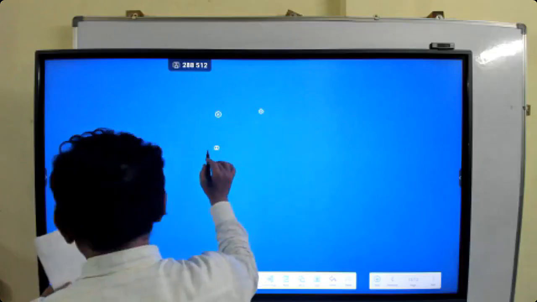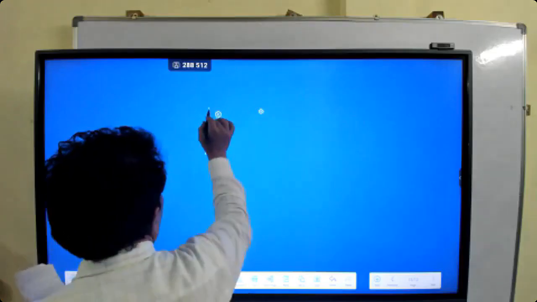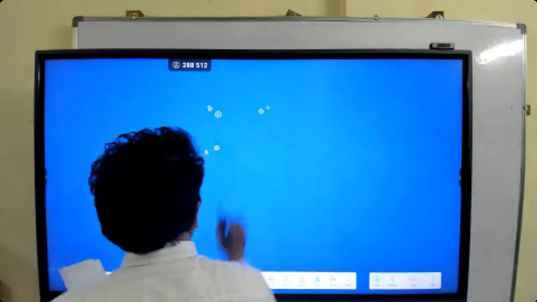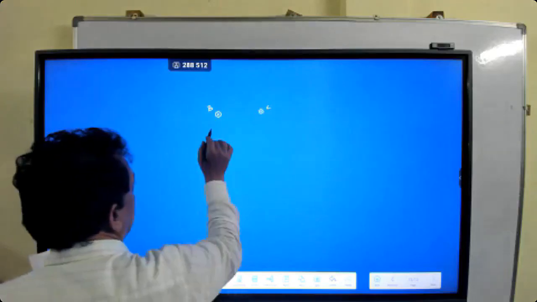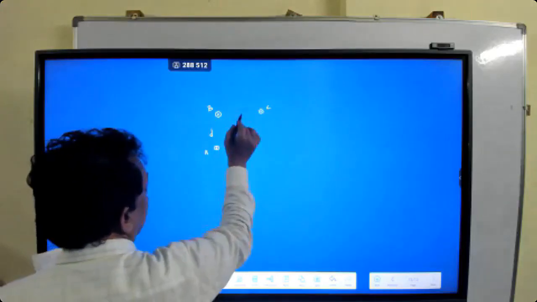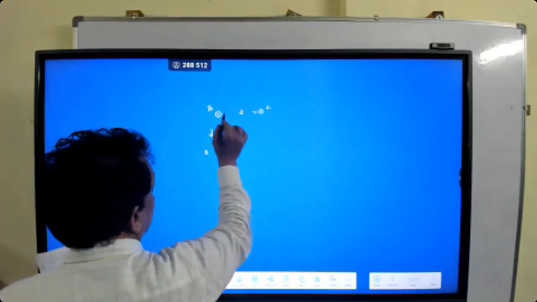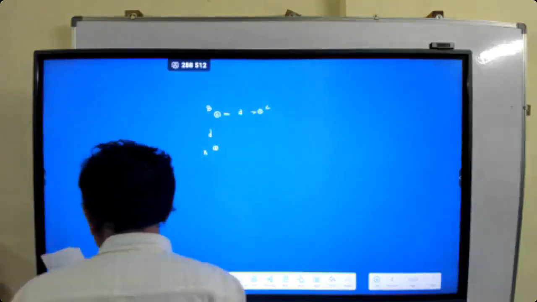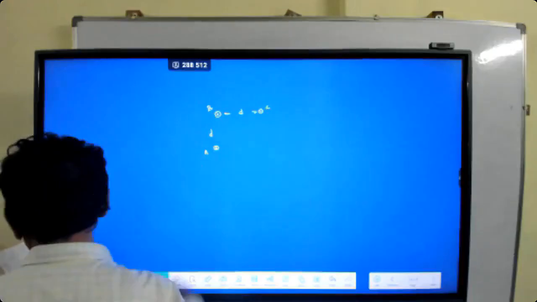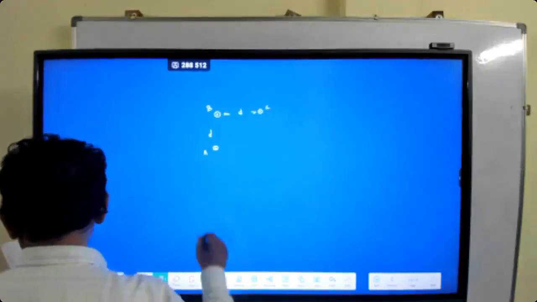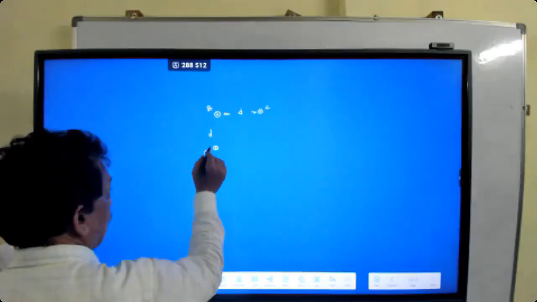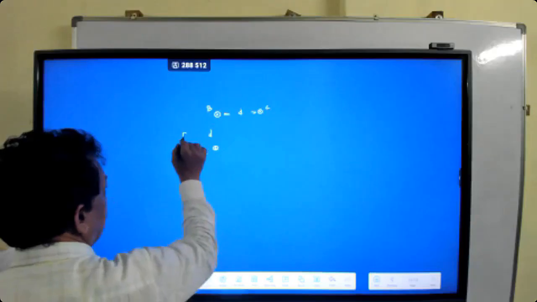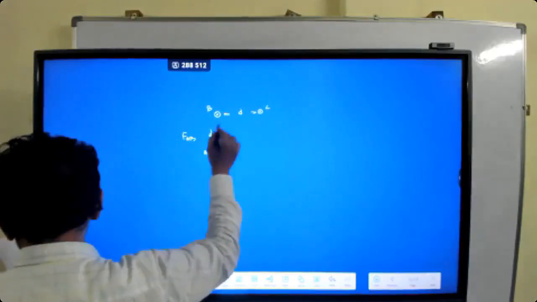So this is A, B, C. The distance between them is the same, and the current is the same. They are kept perpendicular to the plane. Now we have to find the force between AB and the force between BC.